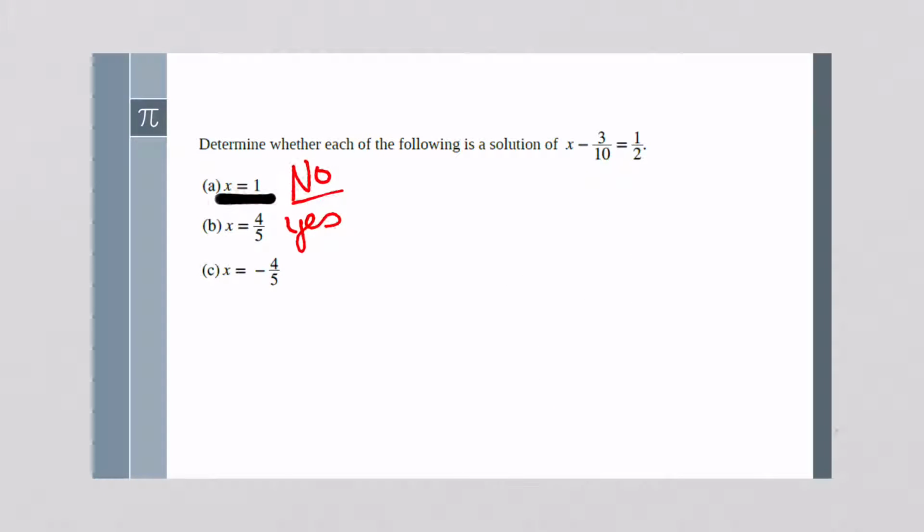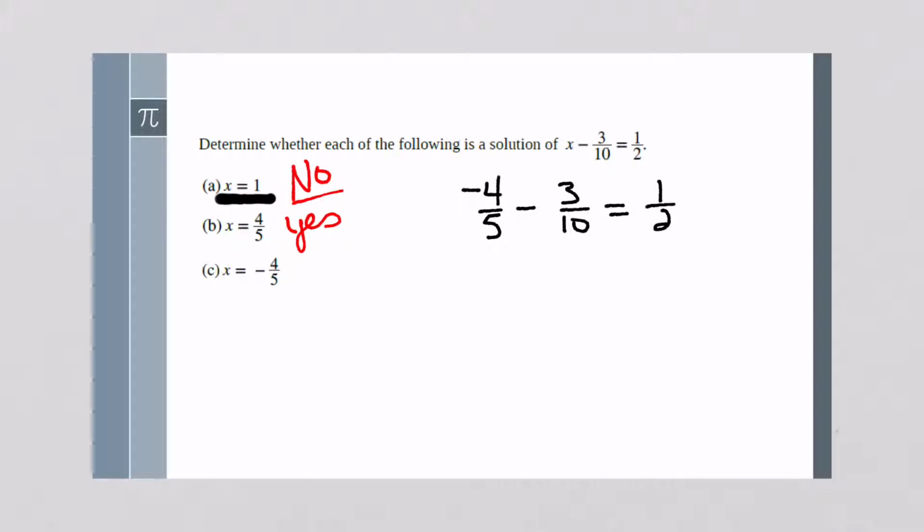For the sake of being thorough, we're going to go ahead and try negative 4/5. So I'm going to put negative 4/5 minus 3/10 equals 1/2. Now, think about this for just a second. You have a negative number minus a number. Aren't you going to get more negative?